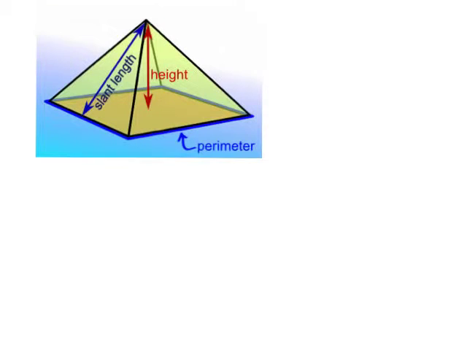Practice problem. Find the surface area of this pyramid, and our numbers for this are going to be 12 on the bottom and then a slant height of 16. Everything is going to be in inches.